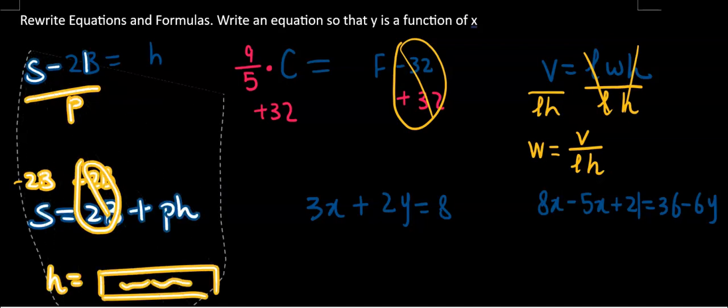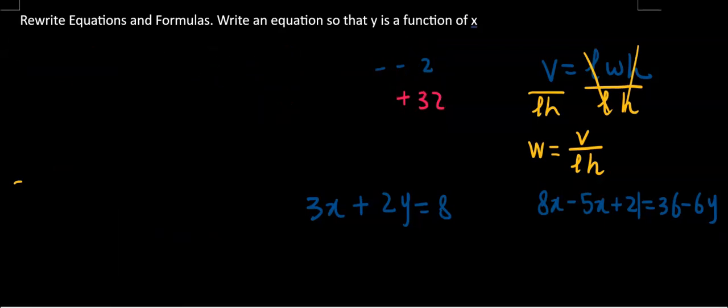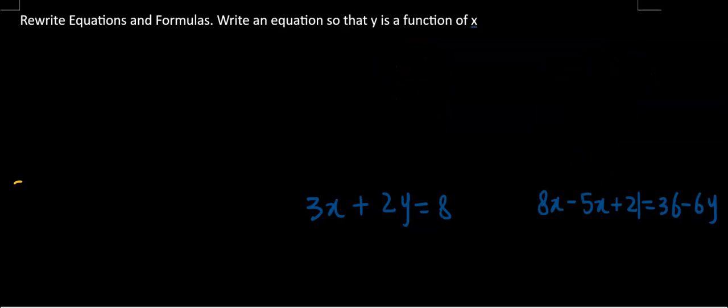All right. We have the last two problems to solve. The last two problems say this. Rewrite the equation so that y is a function of x. And our question is 3x plus 2y equals 8. As y is a function of x, our final answer is going to look like this.